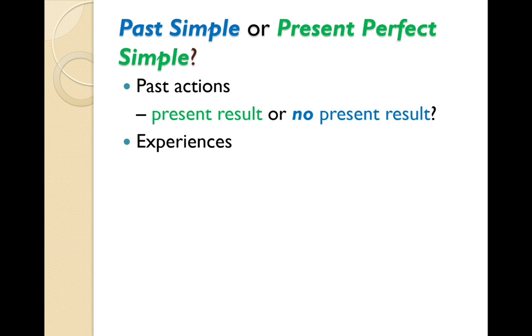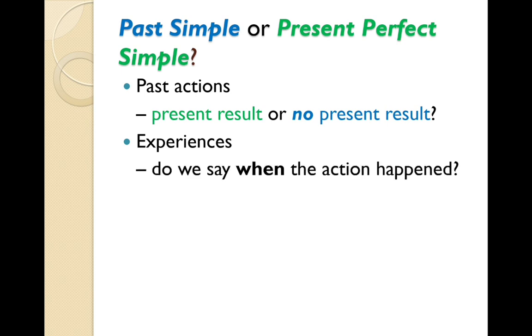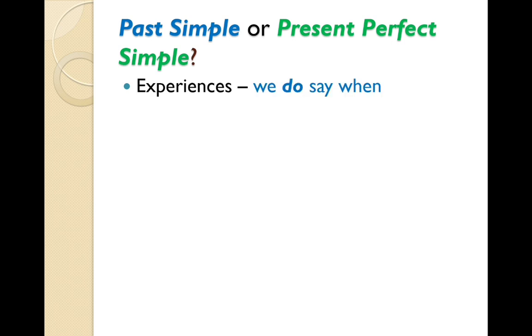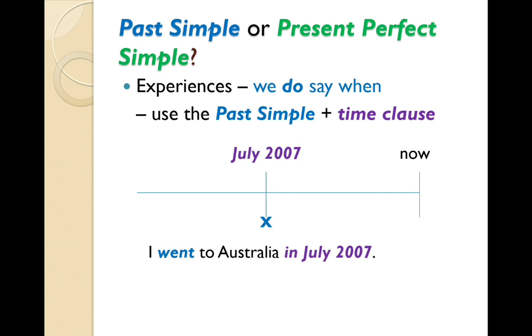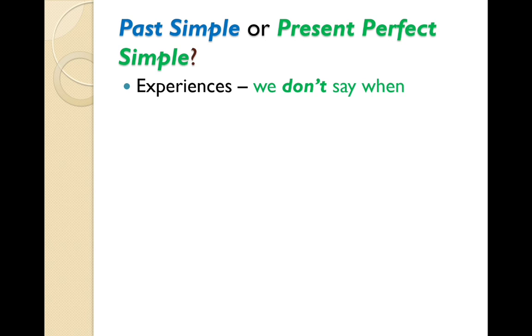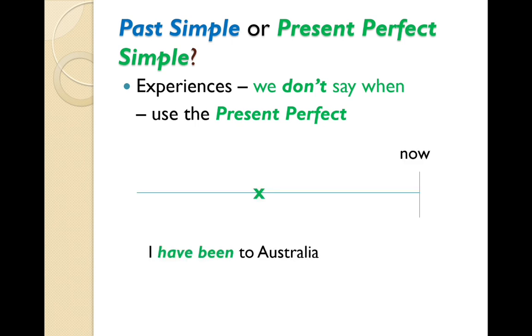Experiences. Do we say when the action happened? If we do say when, use the past simple plus a time clause. I went to Australia in July 2007. If we don't say when the experience happened, use the present perfect. I have been to Australia.